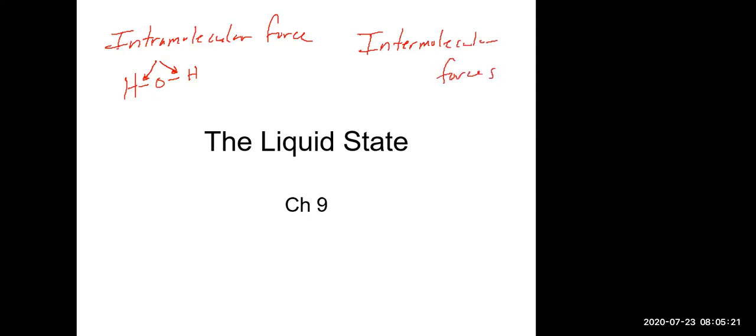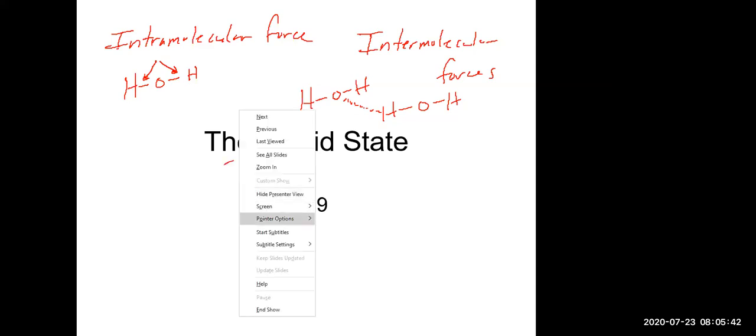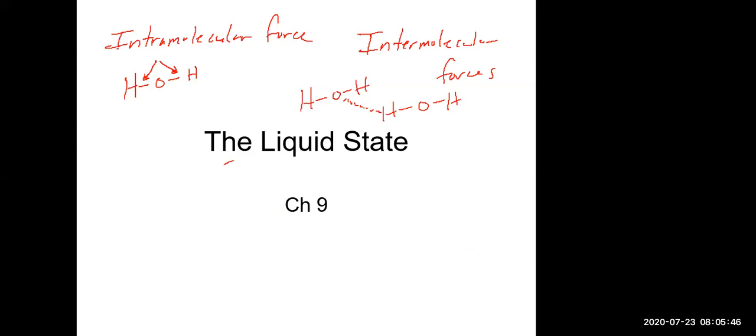Intermolecular forces happen when you get, say, two water molecules together, for example, or more. It's the force that will hold one entire water molecule together with another entire water molecule. And that's what's known as intermolecular forces. And again, like I said, that's what we'll be focusing in on in this chapter.